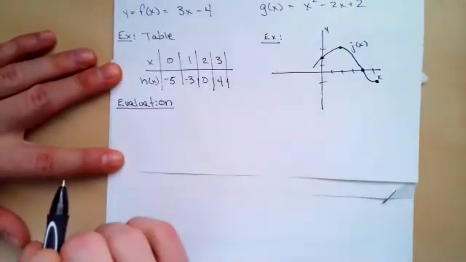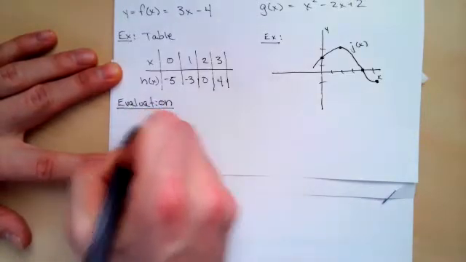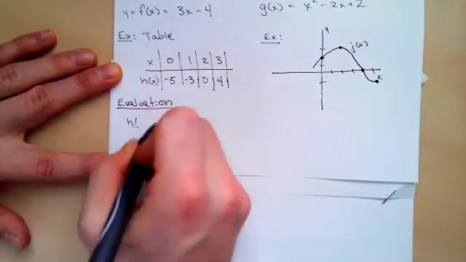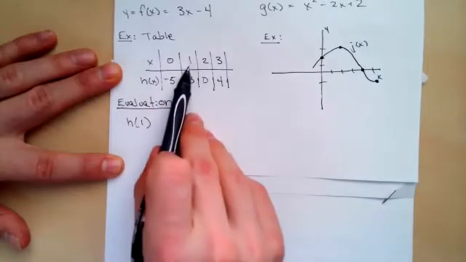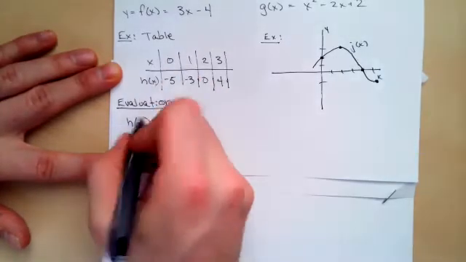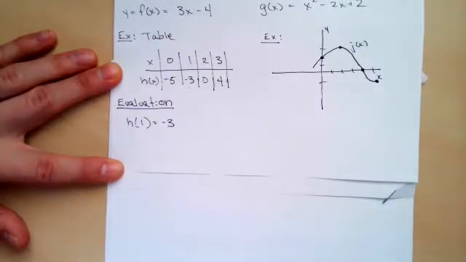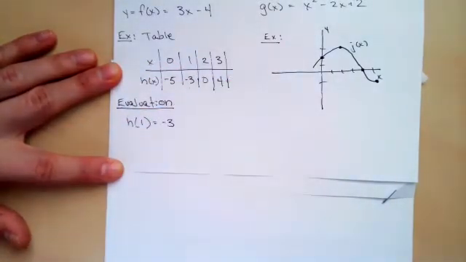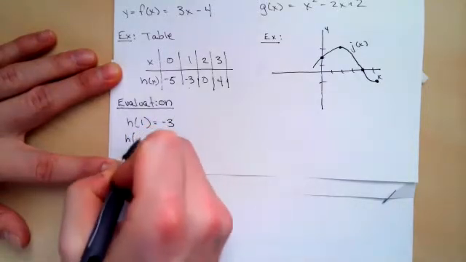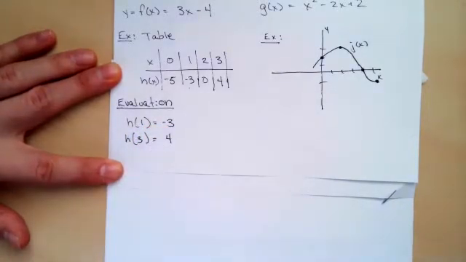Our tables and graphs hopefully are fairly straightforward. So for example, if I want to say h of 1, this simply says that x is 1, and what is h going to be? Minus 3. Or of course, we could call this the y variable. Likewise, h of 3 gives me 4.